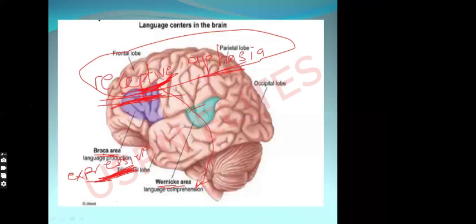So this is the baseline of their condition. Let's say in a question, they tell you the patient is after a head injury or a brain condition. The patient talks in short, maybe two words or one sentence, and pauses.